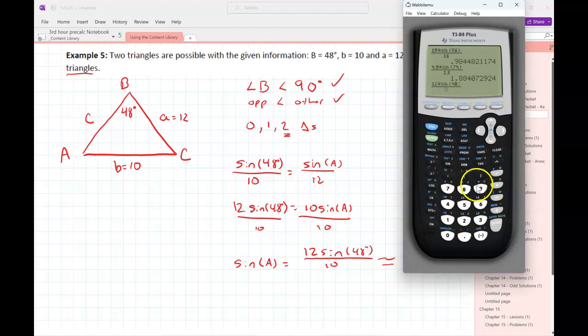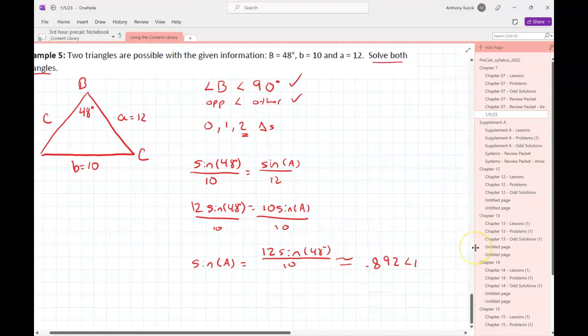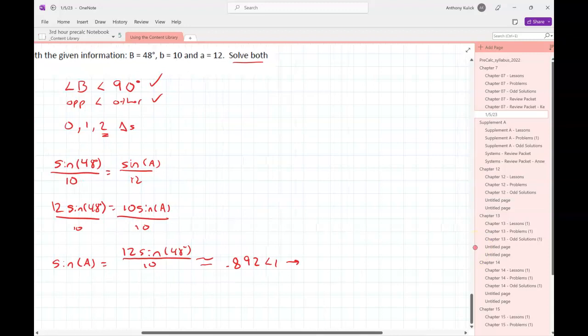So we should be getting a value that's less than 1. 0.892-ish, which is good. So that was less than 1, so we are getting 2 triangles out of this. Great.